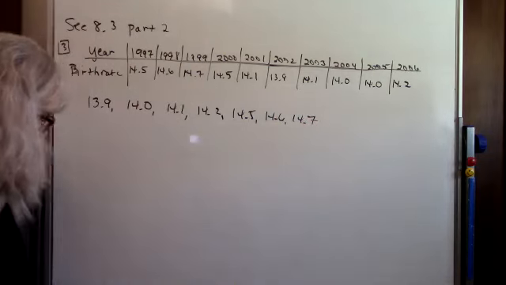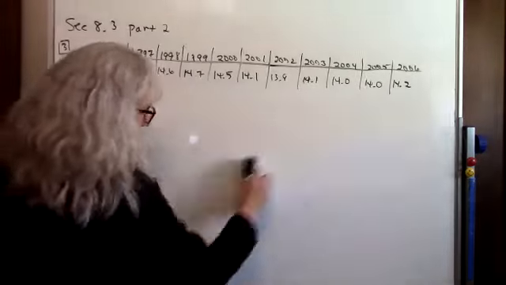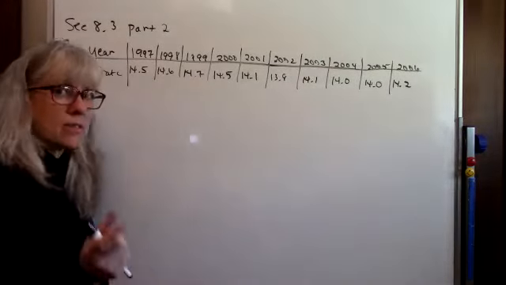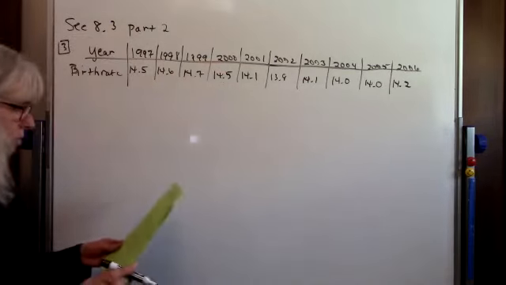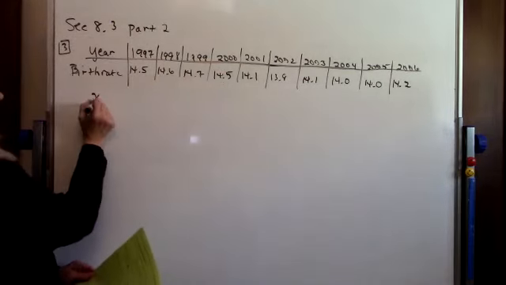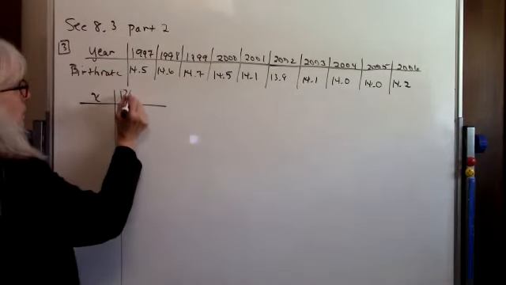Okay, now that we have that, let's make a probability distribution. The handout shows a chart going left to right, but because they're going to ask us the variance and standard deviation, I'm going to run mine down the board to make it easier on us. So here is our x, and here's the probability associated with x.